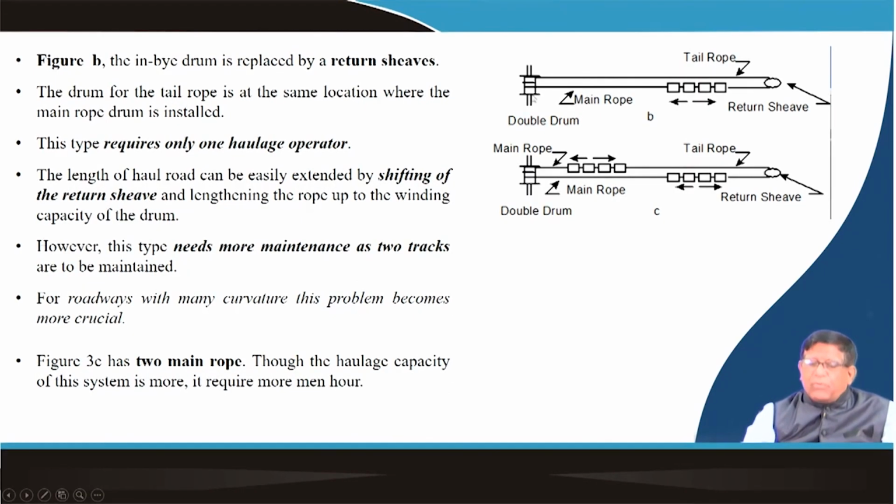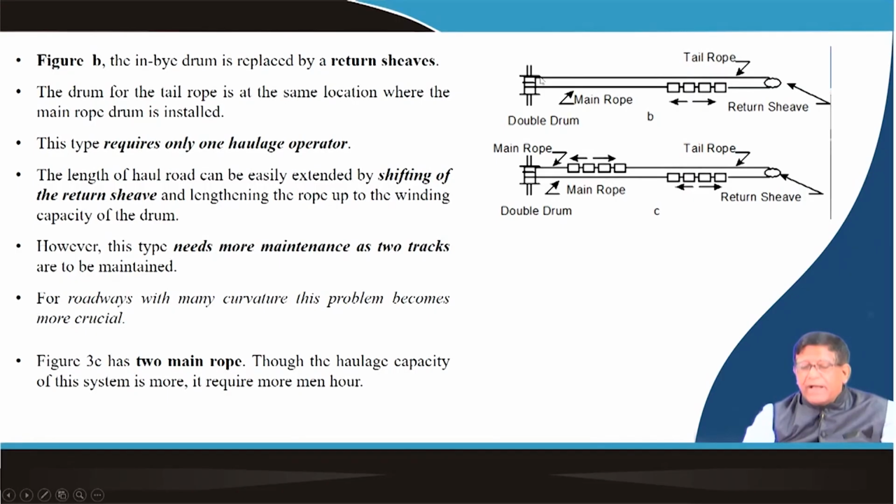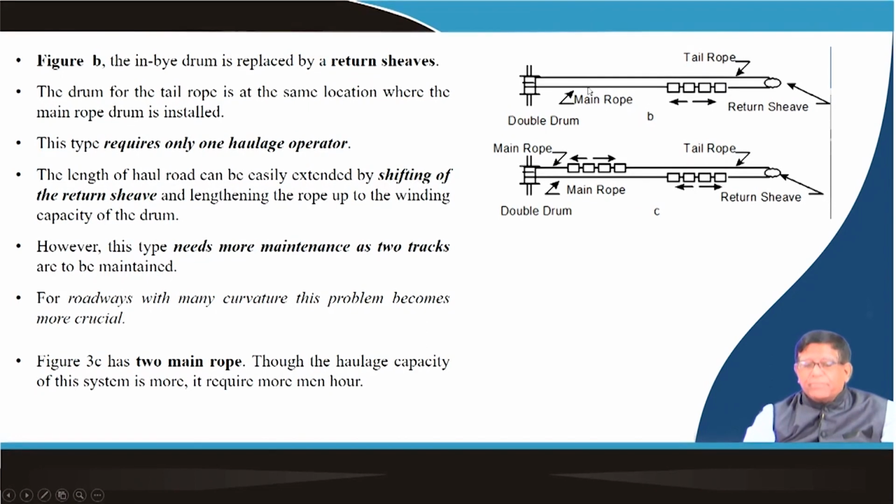So, this type of system is also a main and tail rope. Here, the portion wound up on the drum is the main rope, and from the anchoring point to the sheave, this side is called your tail rope.